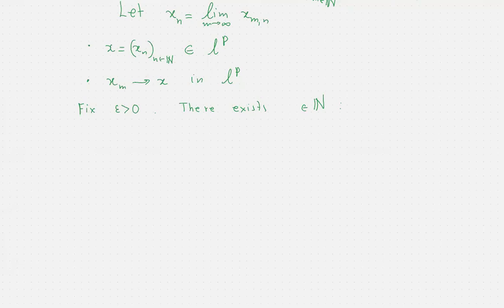I'm still trying to decide what we should call it here so that we have the least amount of complicated looking things. So it's fine. Let's call it N. So we will have that the norm of x_m minus x_l is less than epsilon over 2 for m, l greater than uppercase N.